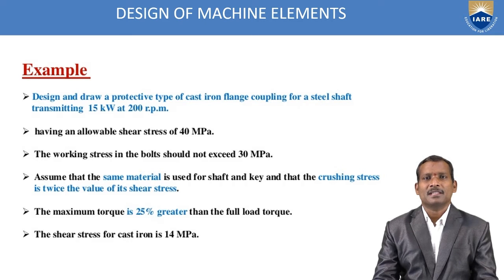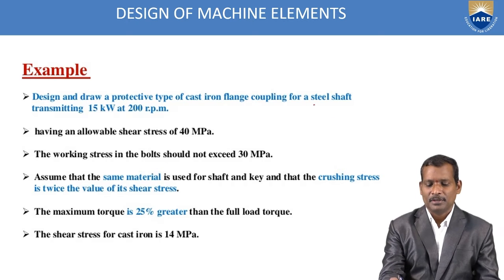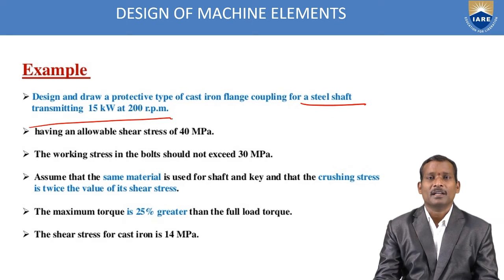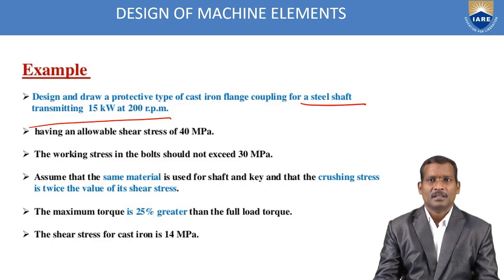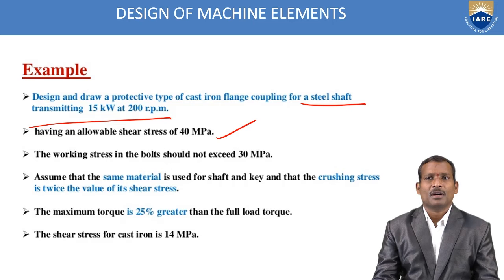The given material is a steel shaft transmitting power 15 kilowatts at 200 rpm. The allowable shear stress is 40 megapascal. The working stress in the bolt should not exceed 30 megapascal.